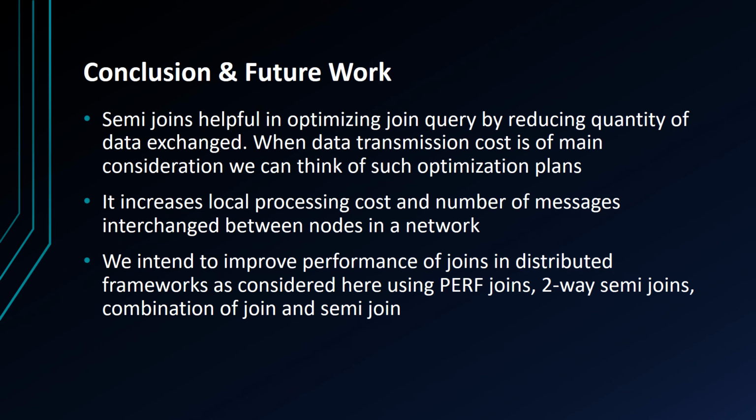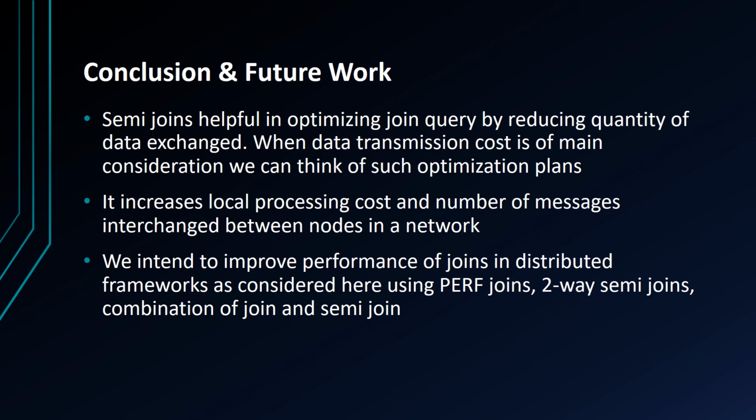So when data transmission cost is of main consideration, we should think of such optimization plans. It definitely increases local processing cost and the number of messages interchanged between nodes, but at the same time, data transmission can be reduced.